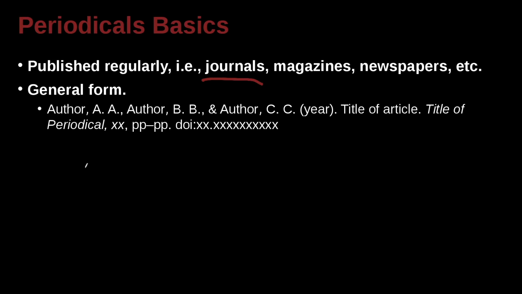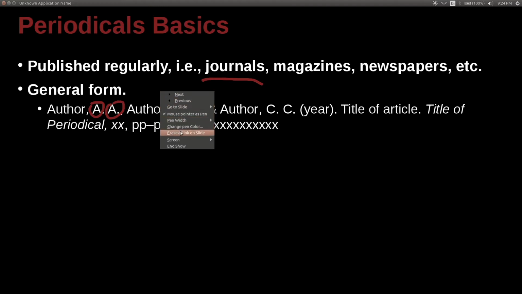In APA, when you write your reference list, you're going to begin with the author, comma, that's the author's last name, surname, and then the author's first name and middle initial, and then the second author and the second author's first name and middle initial, and then the third author, etc. Now you can see here that the author's name is the surname, but then the first name and middle name, actually we use the first letter only.